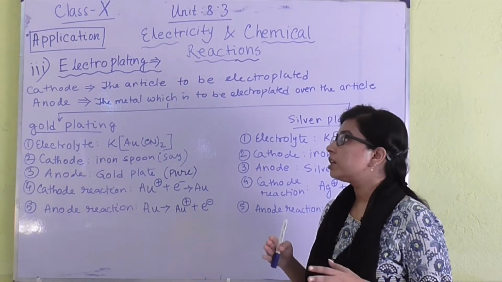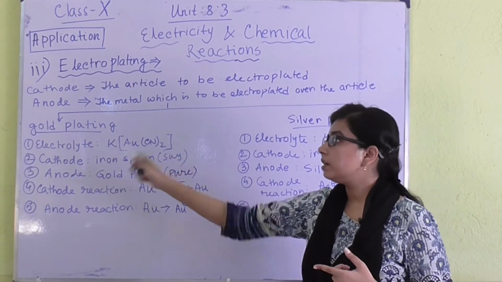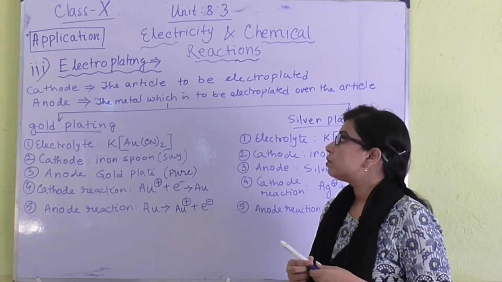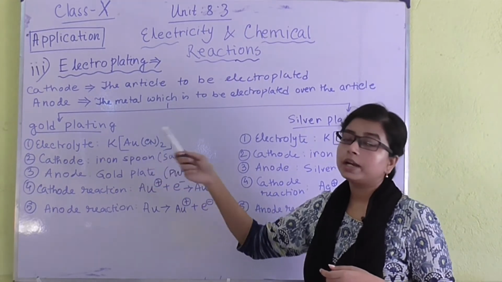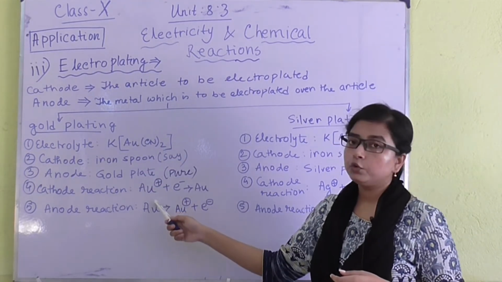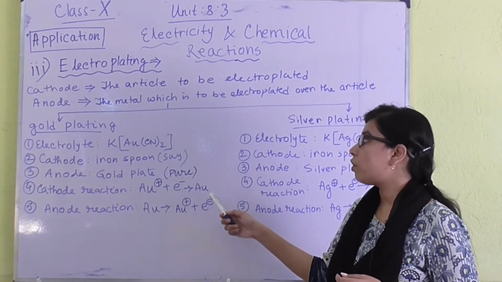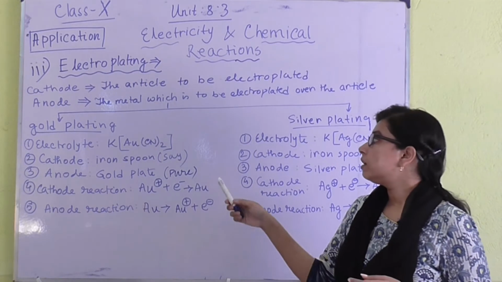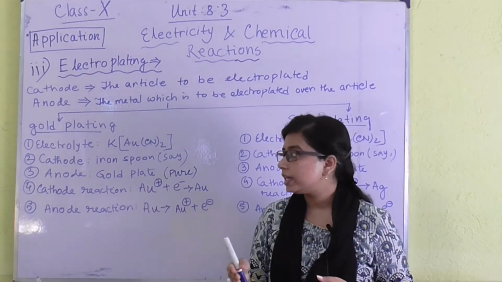Okay, solution of potassium aurocyanide will be taken as the electrolyte in this method. So from this electrolyte we can get aurum ion, that is Au+. Au+ will accept one electron and will form aurum metal, and this whole process will happen at the cathode, as this is the place for reduction.